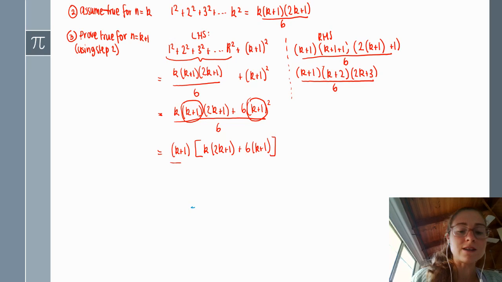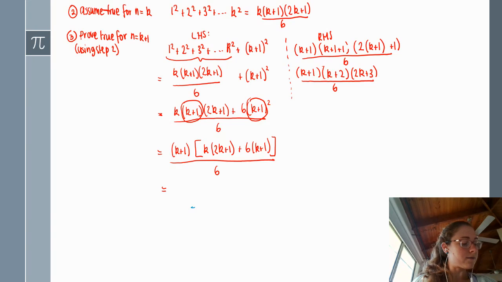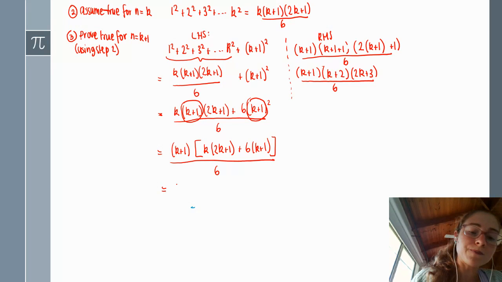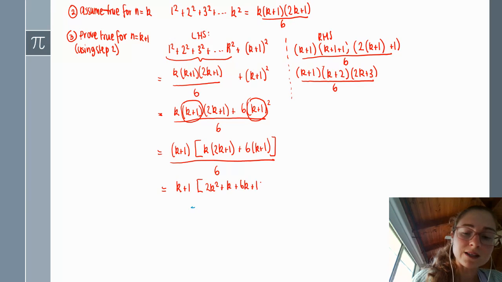Everything is still over 6. Now, I can try and simplify the inside of this bracket a little bit more. Let's see what we get. We get 2k squared plus k plus 6k plus 1 all over 6.